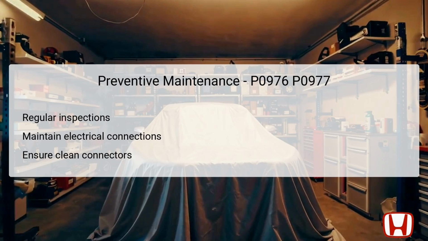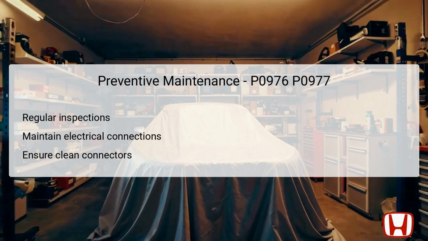For preventative maintenance regarding the transmission control module and its associated components, several proactive strategies are recommended. Regular inspections of the solenoid valve connections are vital in mitigating any potential electrical issues. This involves thorough checks for signs of corrosion, wear, or loose connections that could lead to malfunctions.